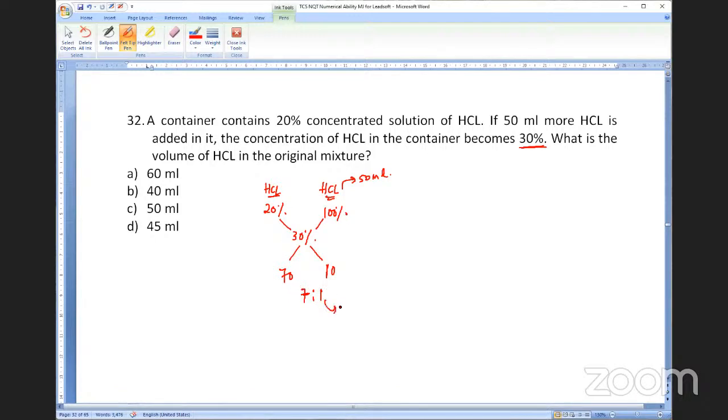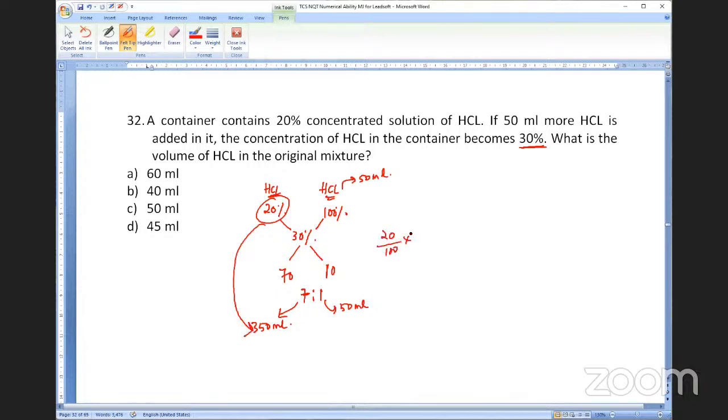That means if 1 means 50 ml, the volume of the original mixture was 7 into 50, that is 350 ml. Now, what is the volume of HCl in the original mixture? Volume of HCl in the original mixture is 20% of 350 ml.